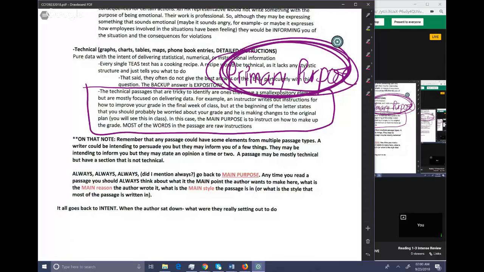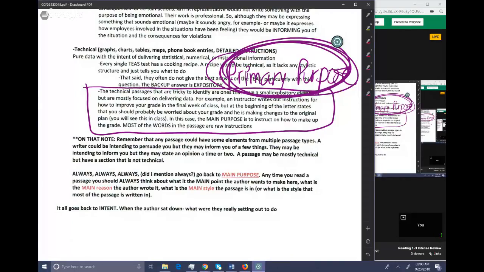That can happen in any situation with any passage type, where there are elements of multiple things. It's mostly informative, but there's a bit of persuasive. For just a second, you're like, whoa, the author just gave their opinion. But the primary purpose, keep saying that to yourself.